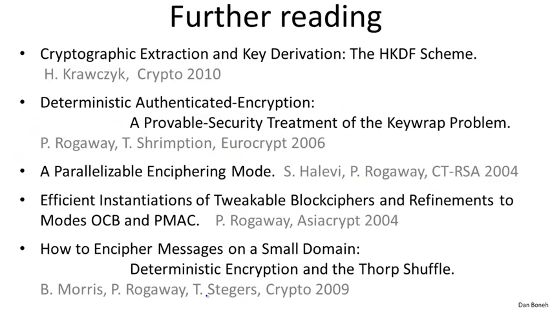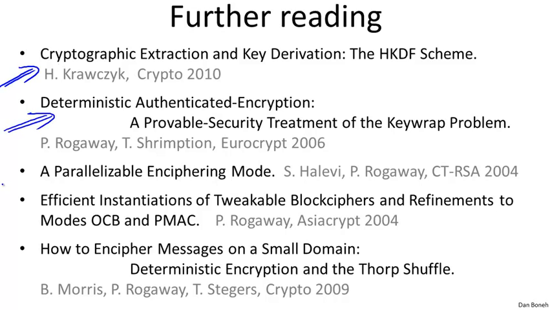Okay, so this concludes this module, and as usual I want to point to a few reading materials that you can take a look at if you're interested in learning more about anything that we discussed in this module. First of all, the HKDF construction that we talked about for key derivation is described in a paper from 2010 by Hugo Krawczyk. Deterministic encryption, the SIV mode that we described, is discussed in this paper over here.